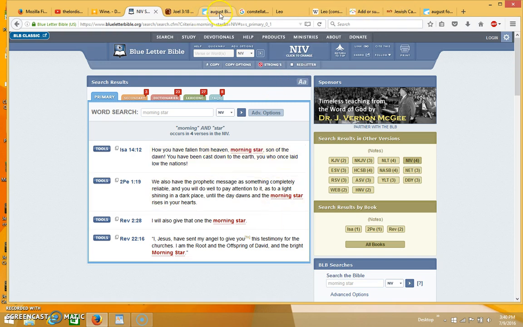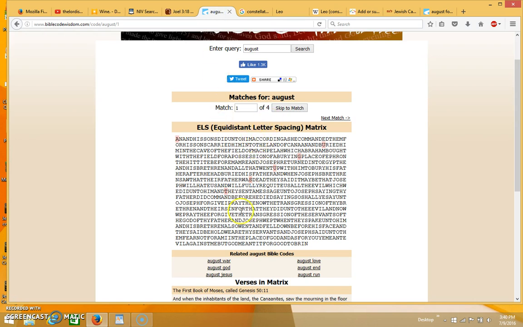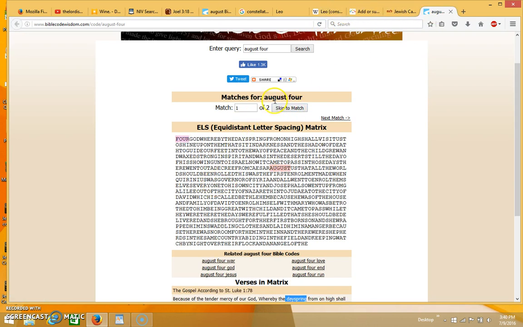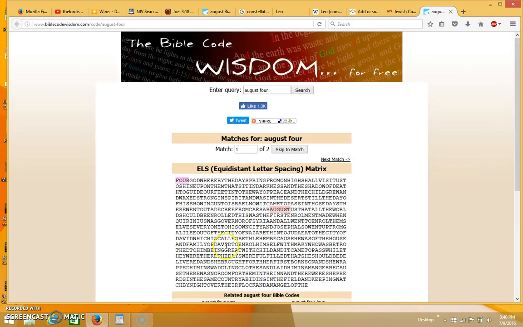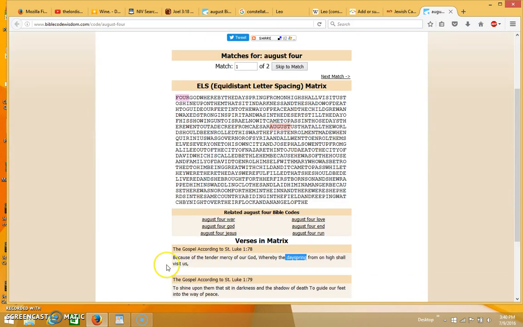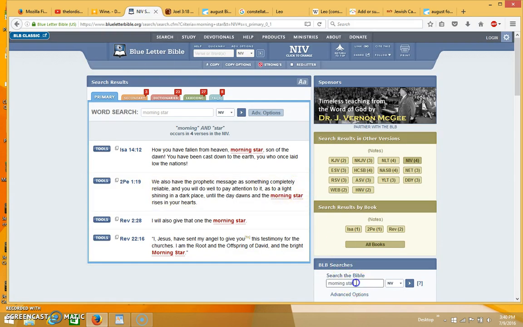And so you see here in this Bible code for August, where I had put in August 4, it came up in Luke 1:78, and the very first verse talks about the day spring, which would basically be the morning star.